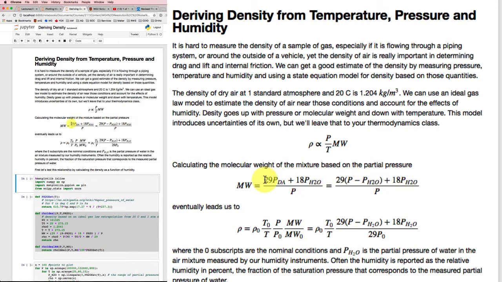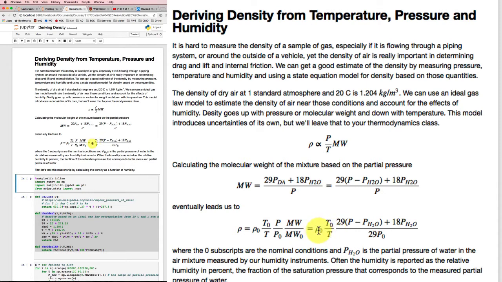And 29 is the molecular weight for air, that combination dry air of oxygen and nitrogen, and 18 is the molecular weight of water vapor. So when we combine them, we get this expression for the molecular weight, which eventually leads us to an expression for the density in terms of the original density for our reference state.